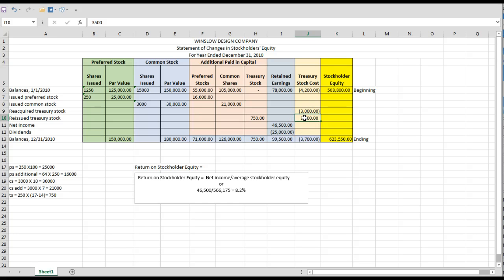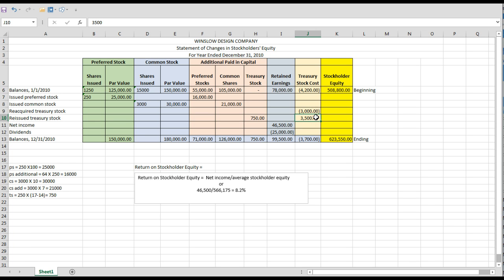If you look at the end of this, it says FIFO. So that means you have to go up and see what the first part in the retained earnings was, $14 a share. So they reissued 250 shares times $14, which is $3,500, which goes right here.